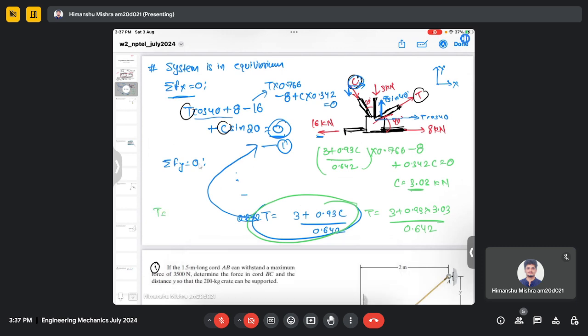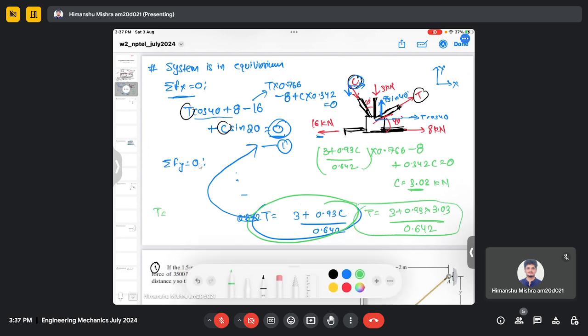So when you solve this, you will get T as 9 kilonewton. So this is our T and this is our C. So we can easily find from the equilibrium principle. So it's similar to the previous question we have solved. So until now, any doubt?